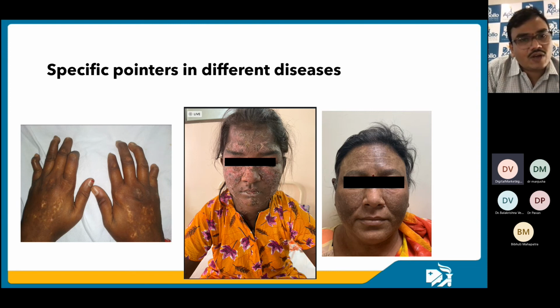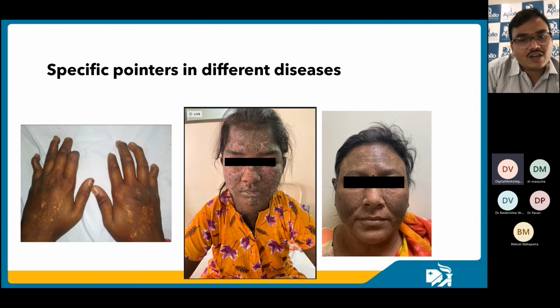This is a case of scleroderma with complicated Raynaud's, and there are contractures in the palmar aspect which cause these joints to bend over, and there is salt and pepper pigmentation as well. And as I have shown you earlier, this is a typical presentation of SLE, a wolf-like malar rash involving both malar areas and the face as well. This is an acute type of rash, and a similar type of rash can be seen in dermatomyositis as well.